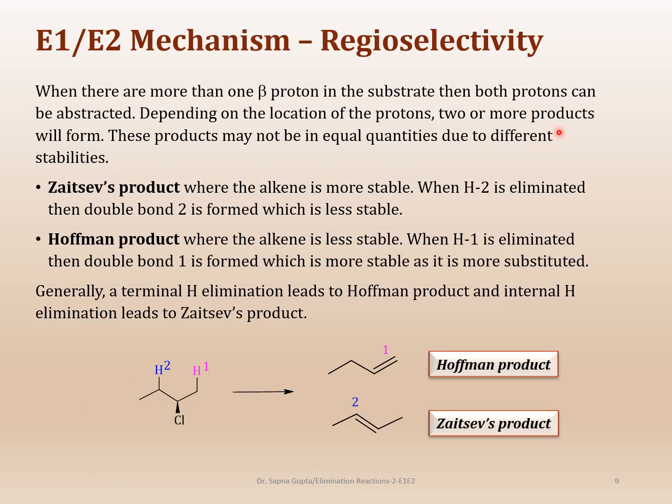So the first thing I want to talk about in E1, E2 mechanisms is what we call regioselectivity. Regioselectivity means that when you have more than one proton, as I was saying, you can have many beta protons, up to 3 beta protons. So if you have 2 beta protons, you're going to get 2 products from there.